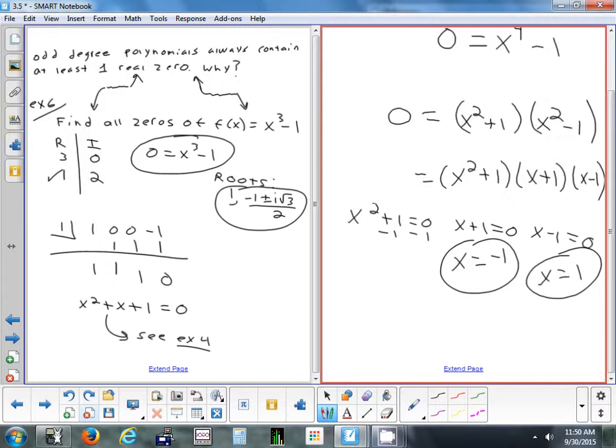Okay, bring the 1 to the other side. And how do we get rid of our exponent on x? Take the square root. And remember, when we take our square root, what do we want to be careful with here? Anytime you take the square root of a number?